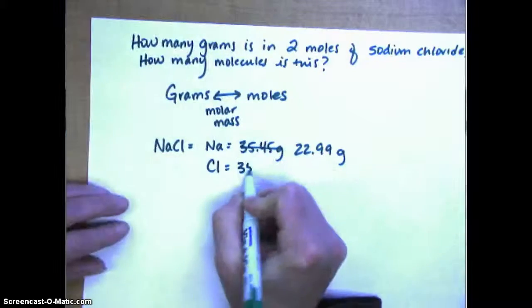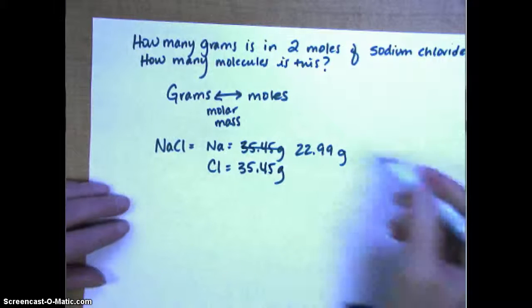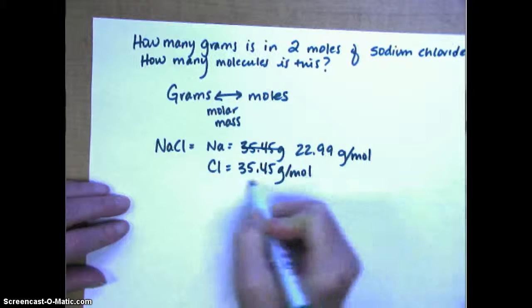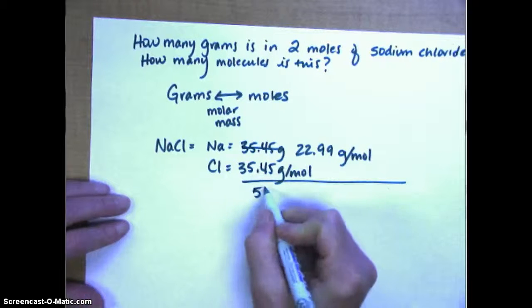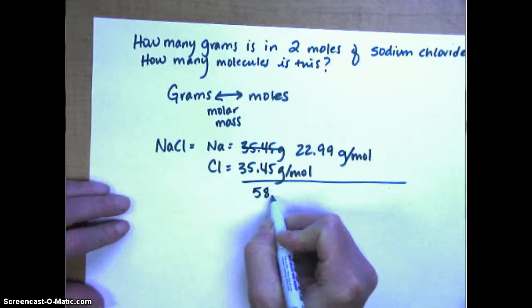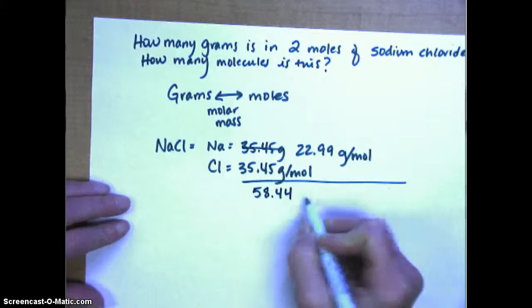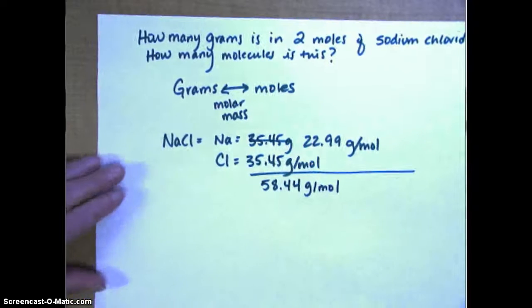So if you look at chlorine, it's 35.45 grams. And remember, that's per mole. We add those together, we get 58.44 grams for 1 mole of sodium chloride.